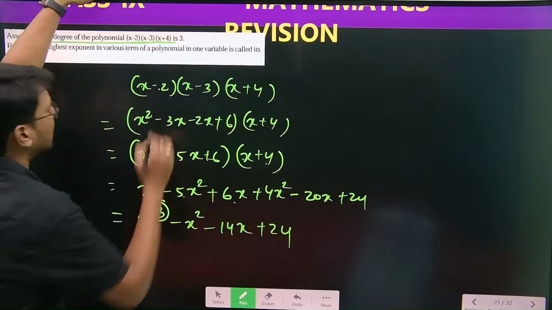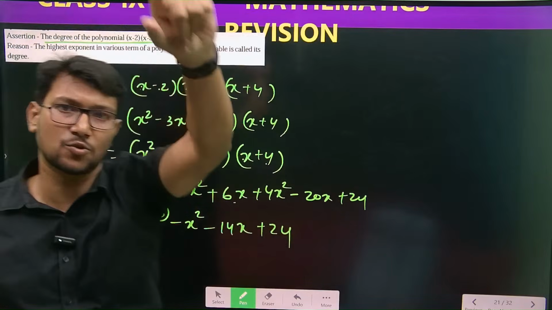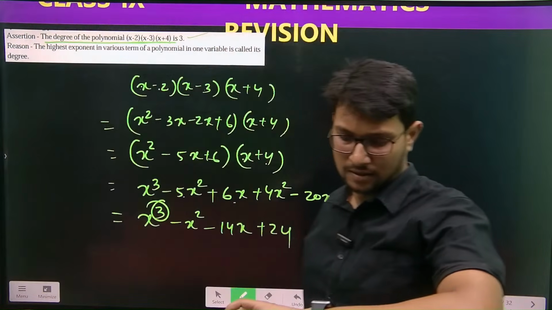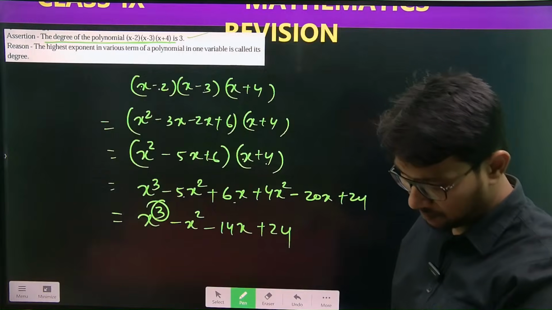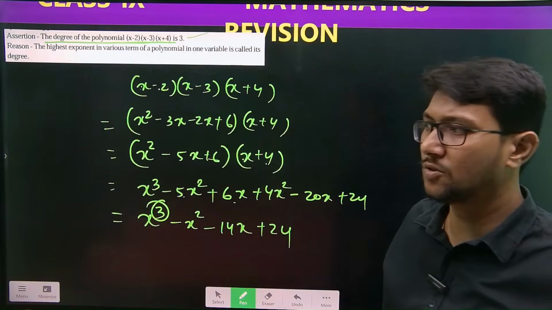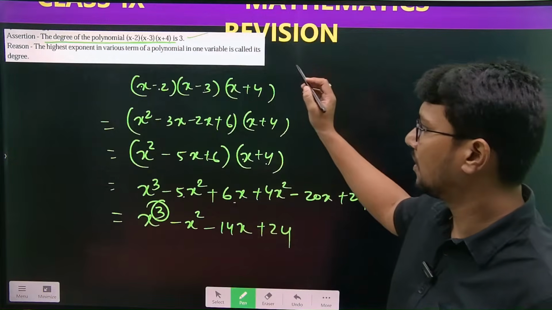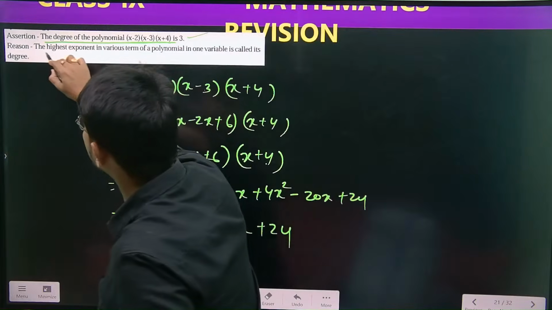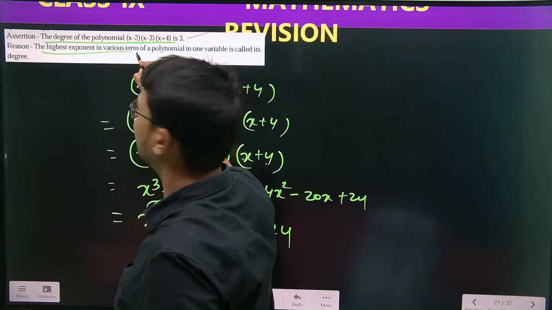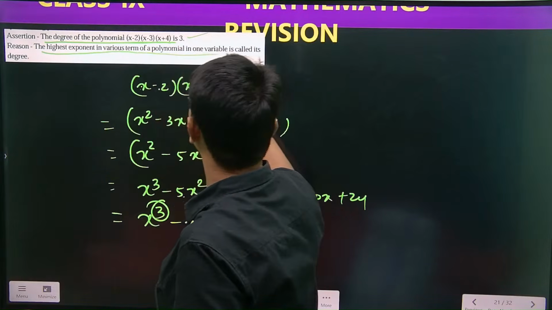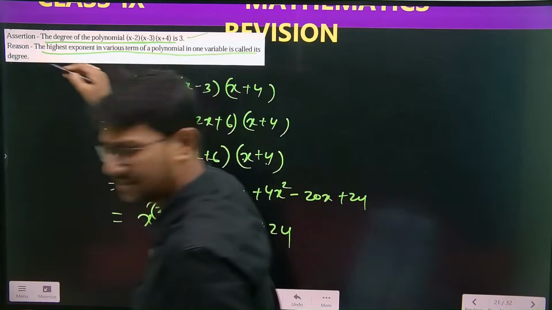The highest power is 3, which is true. Assertion is true. Is that clear, everyone? Understood, everyone? Assertion is true. Reason: the highest exponent in the terms of a polynomial in one variable is called its degree. Yes, that is true.